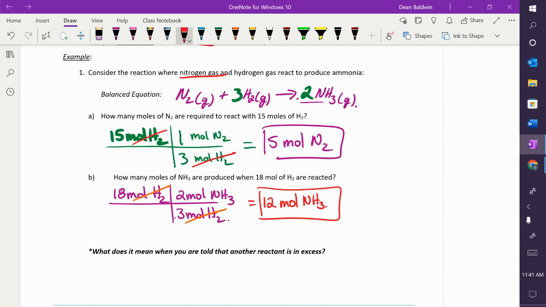Okay? Does that make sense? Right now, we're just doing single step stuff. So if you're given a certain amount, whatever these units are, this is why, whenever we did conversions, I always want you to write out what this is, because now, if you don't write it out, you're not going to know what the units are canceling. It's going to become even more important, especially when these become bigger. Okay?